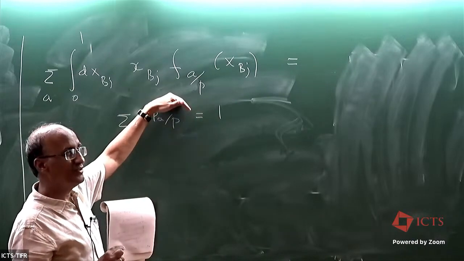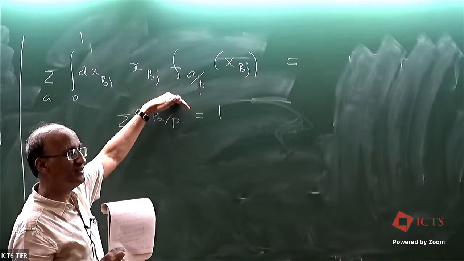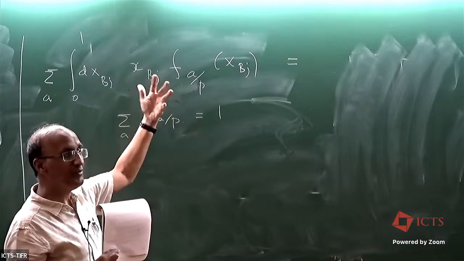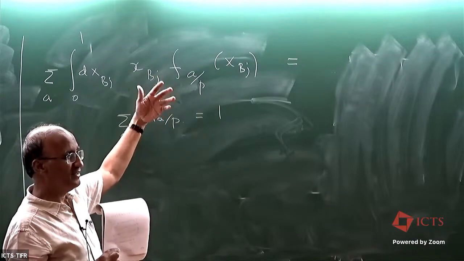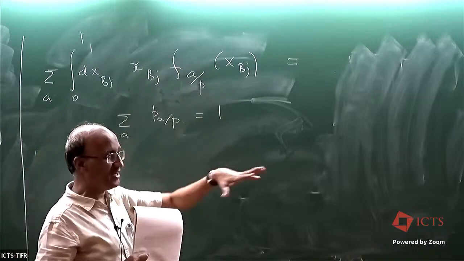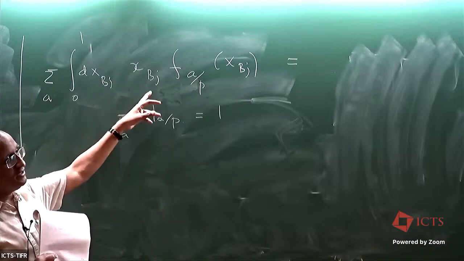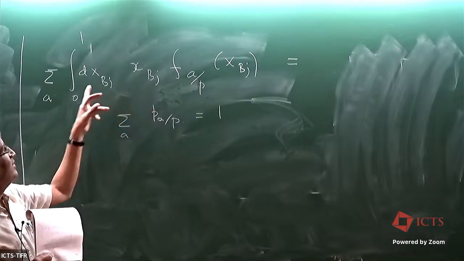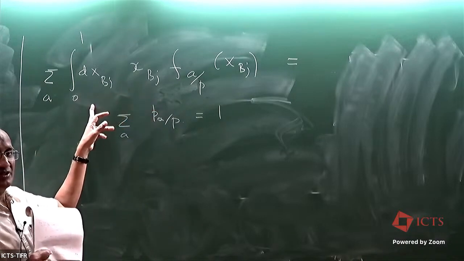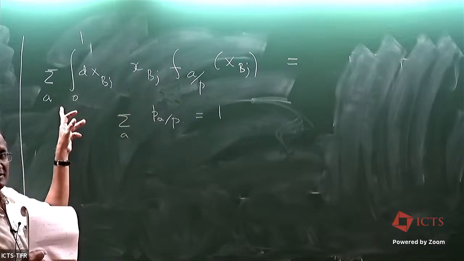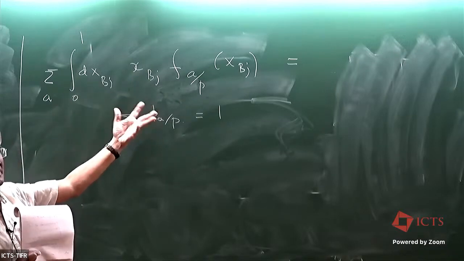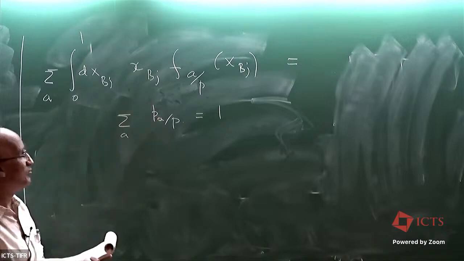The total sum should be 1, right? So these PDFs that you extract from the experiments for different flavors, multiply each of them by the Bjorken variable, integrate over all x_Bj, sum over all the partons, you should get the momentum conservation result, which is 1.